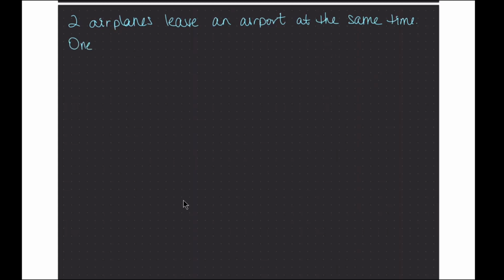One flies on a bearing, and we'll talk about what bearing means, on a bearing of north 66 degrees west. And we'll talk about what that means. At 325 miles per hour.